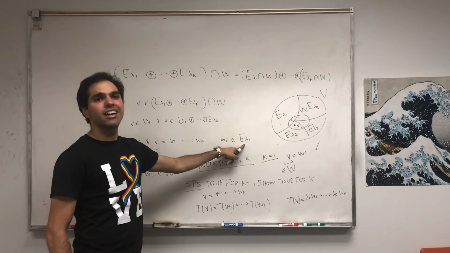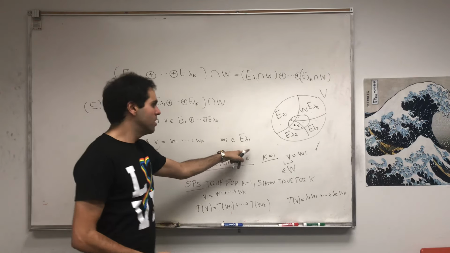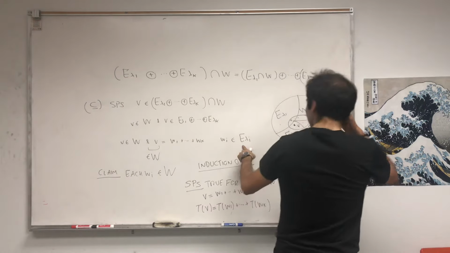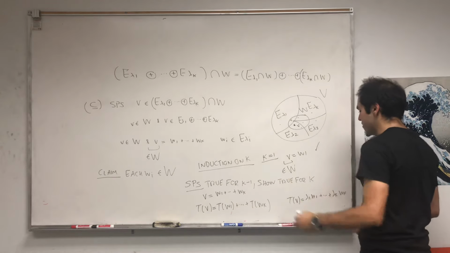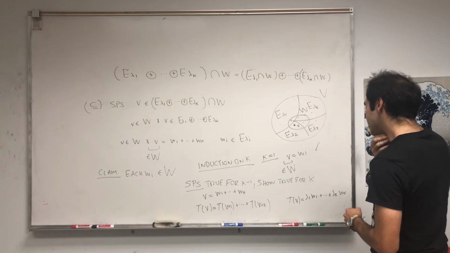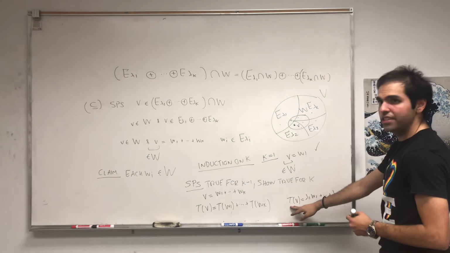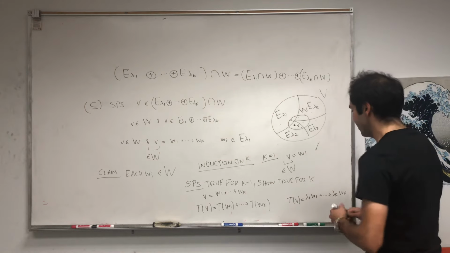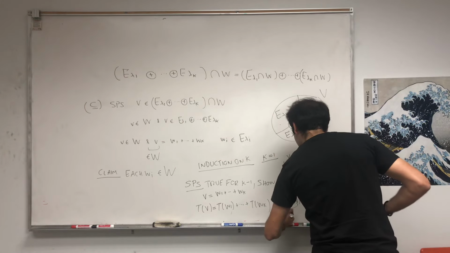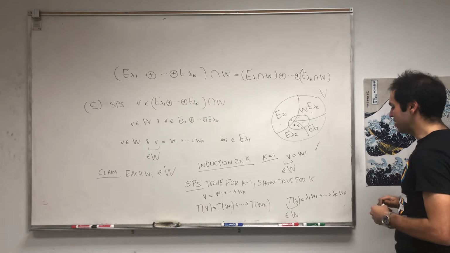So that's why it's still true: because it's true in V, it's also true in the eigenspaces, T of Wi is lambda i Wi. And then how can we continue? On the other hand, we know this is in W because W is T invariant. If you start with a vector in W, you get a vector in W.